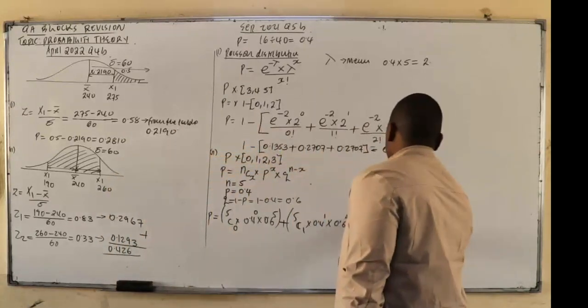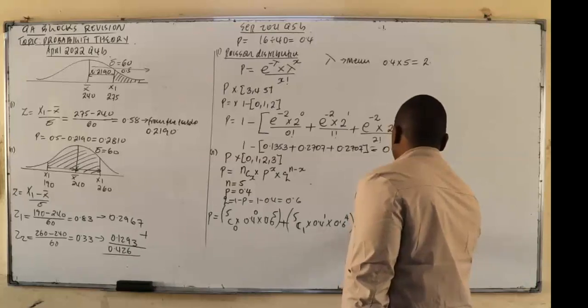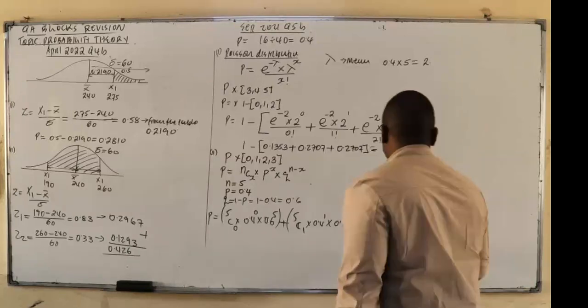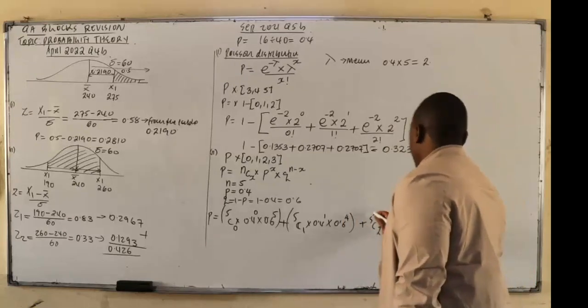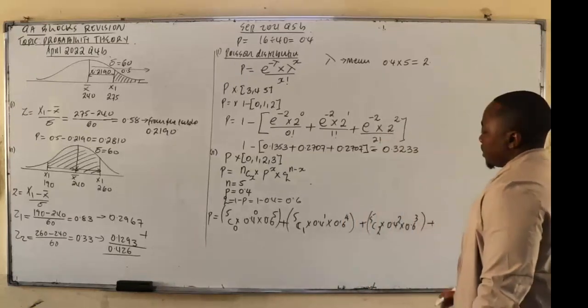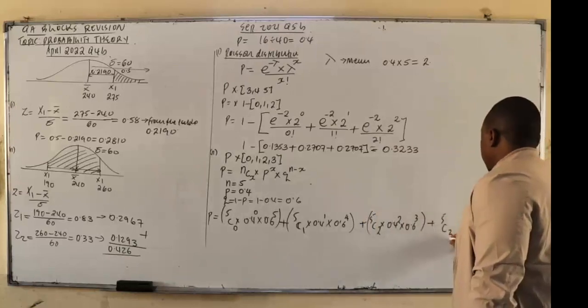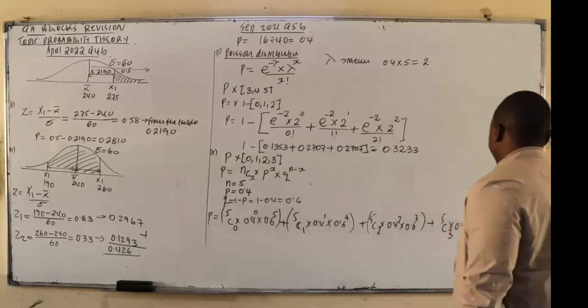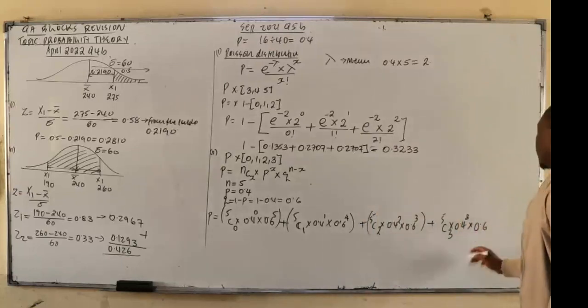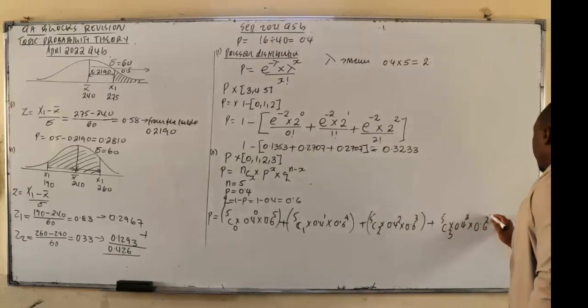Or 5 combined 2, probability is 0.4 raised to power 2, 0.6, 5 minus 2, you get 3. Or 5 combined 3 times 0.4 raised to power 3 times q, 0.6, 5 minus 3, you get 2.